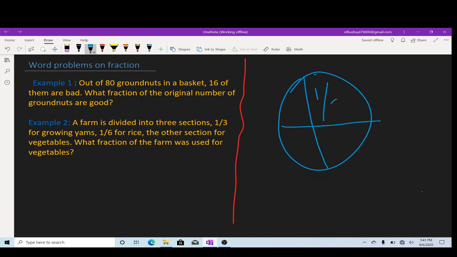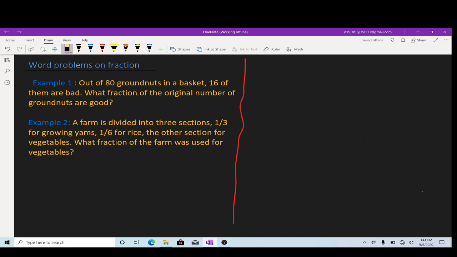One person takes half of it, another takes 1/3, another takes 1/4. What fraction would the 4th person take? All you have to do is know that this orange is a whole, is 1. So all the fractions that make up this orange will be equal to 1. With the same idea, we solve this question.